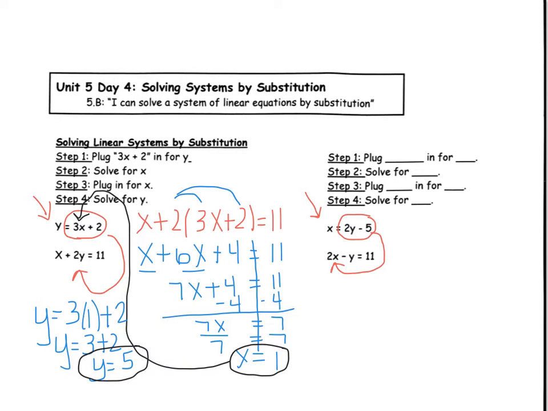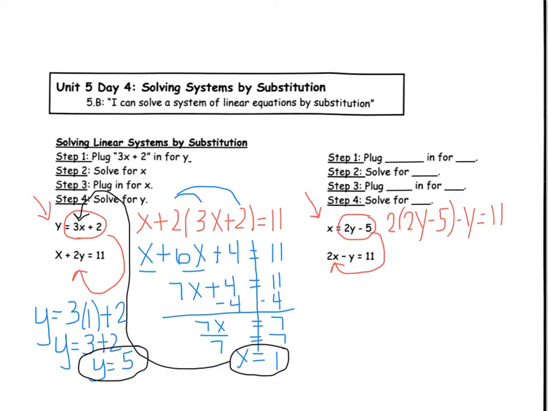I'm going to replace that x, keeping everything else the same. So I replace my x with 2y minus 5.